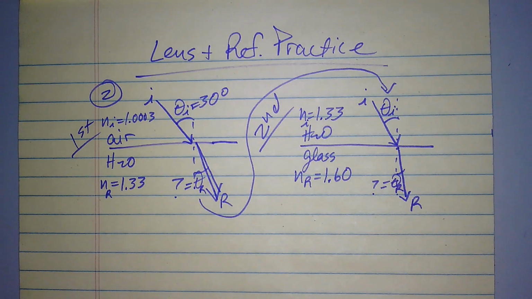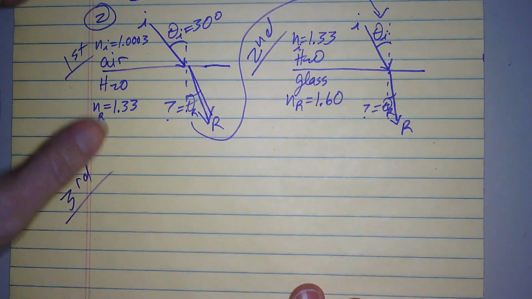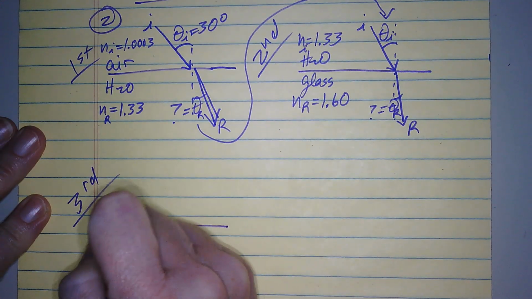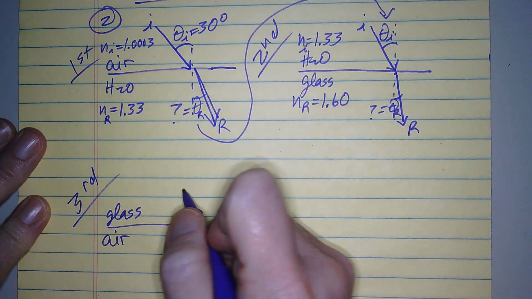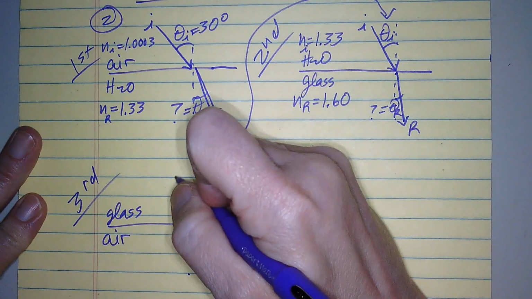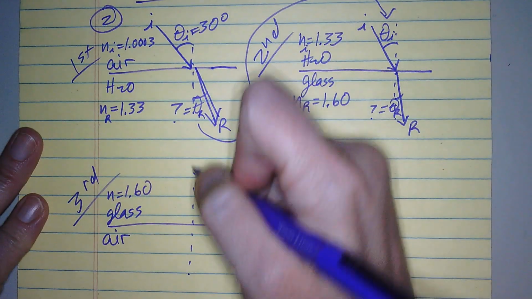Then it exits. It says then it exits the tank back into air. So here's the third thing it does. I'm running out of space. There we go. So it goes from glass into air, where N equals 1.60.